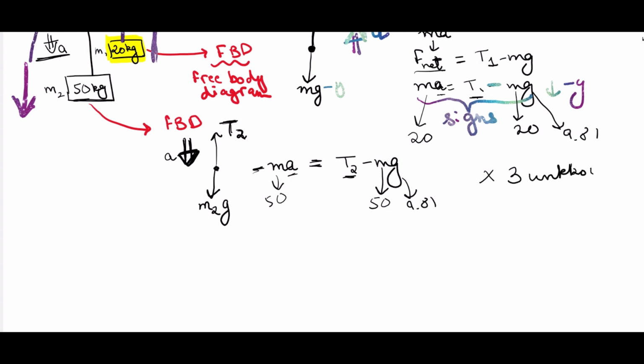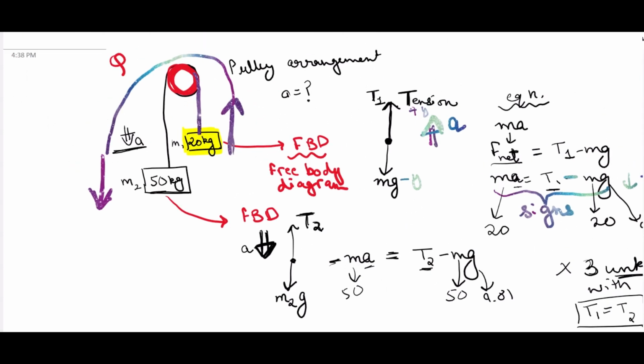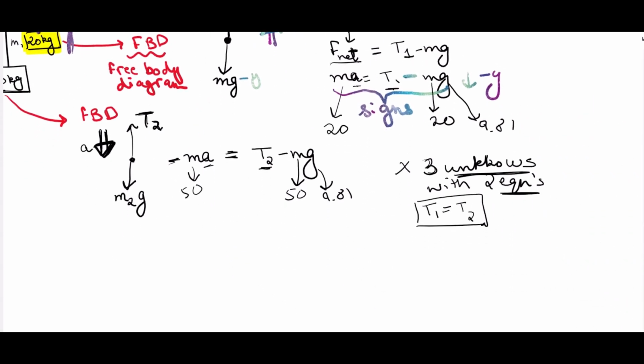Now we can never solve three unknowns with two equations. That's the rule. The number of equations should be equal to the number of unknowns to solve a particular question. Here you see we have three unknowns, two equations. So the trick is that T1 is going to be T2. It's always going to be true. Why? Because the thread is the same.